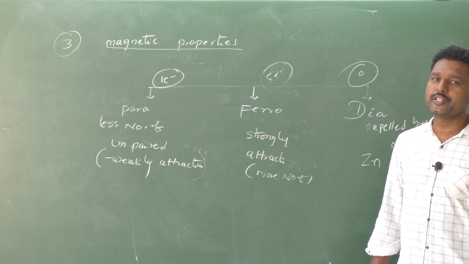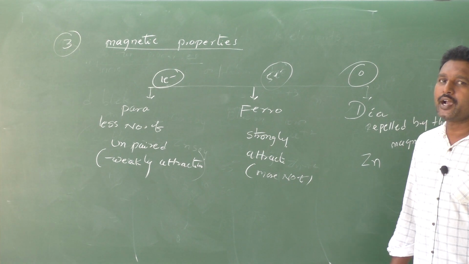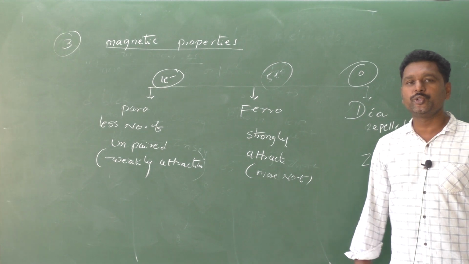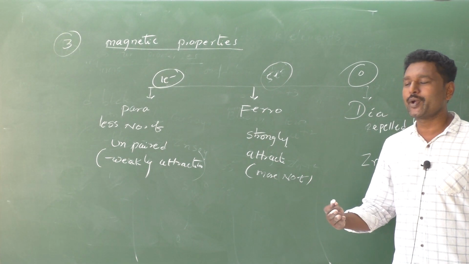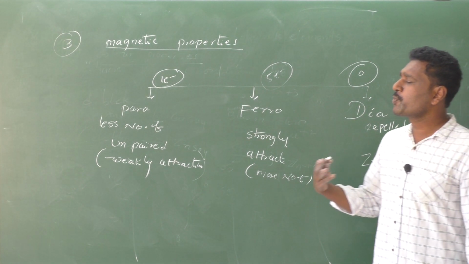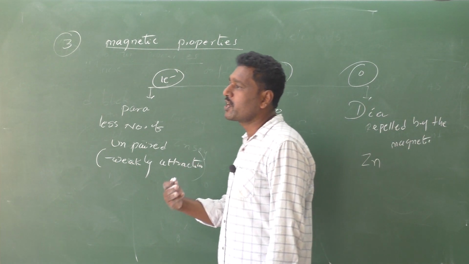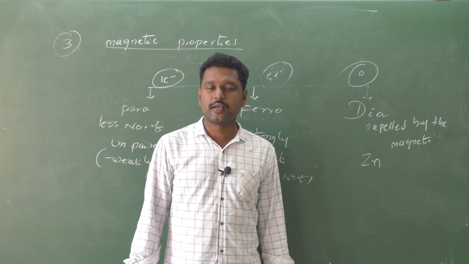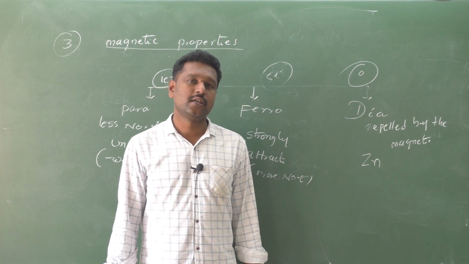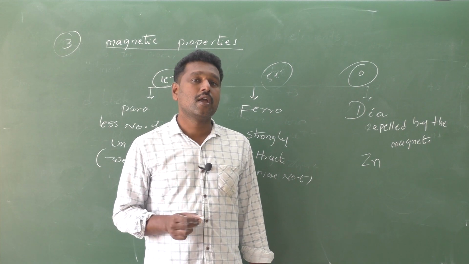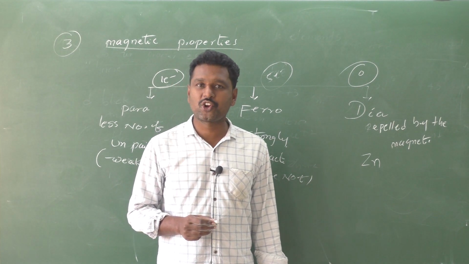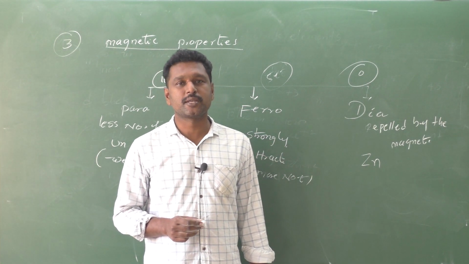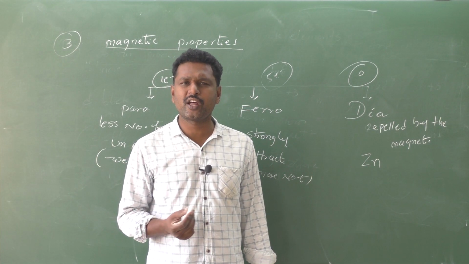ZnSO4 or whatever the substance may be, they are diamagnetic in nature. So magnetic properties are mainly divided into three types: paramagnetic, ferromagnetic, diamagnetic. Paramagnetic substances are weakly attracted by the magnetic field. They have less number of unpaired electrons, like 1 or 2.